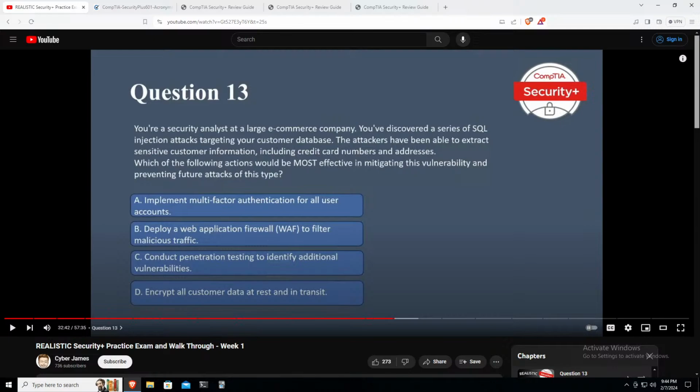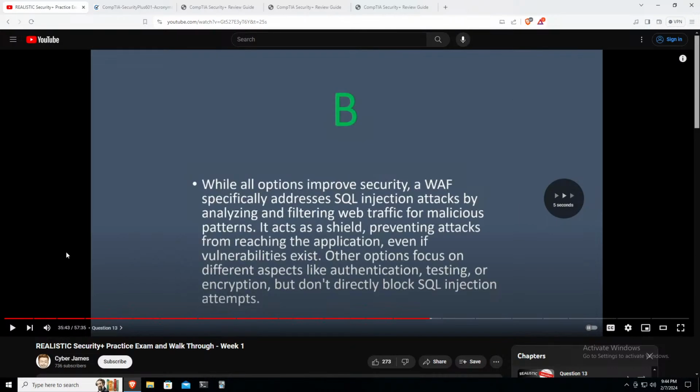And let's see what the correct answer here is. Yeah, it's the WAF specifically.